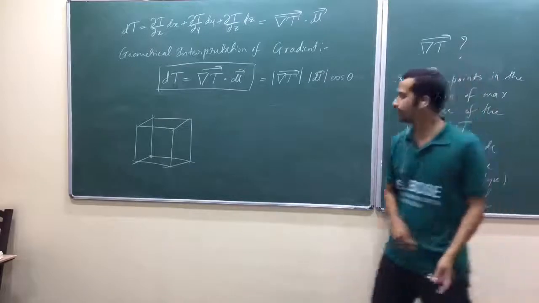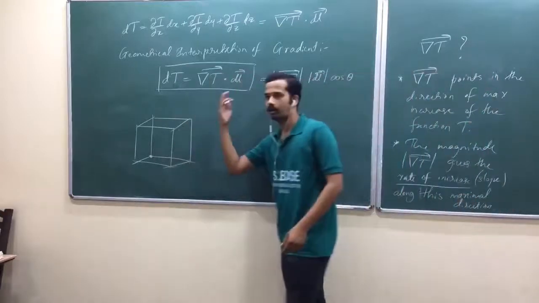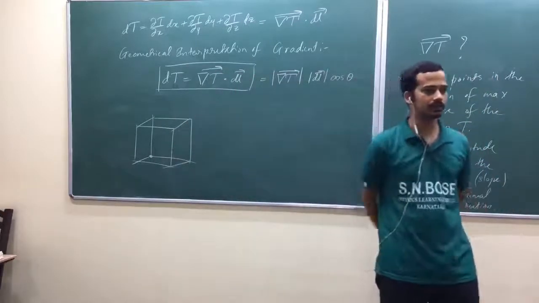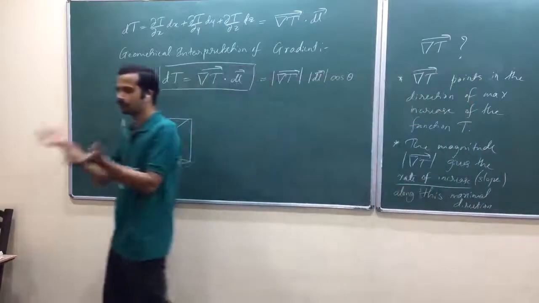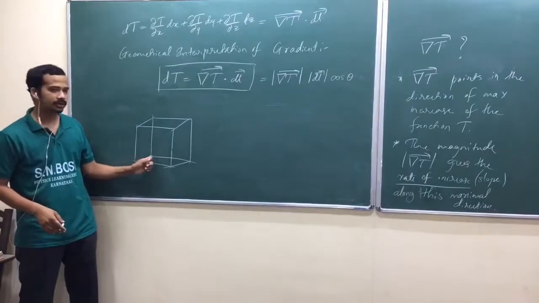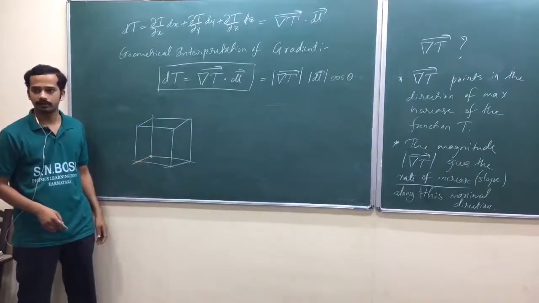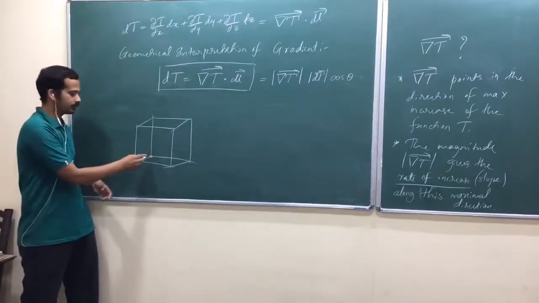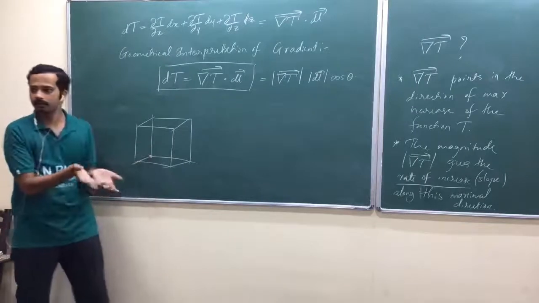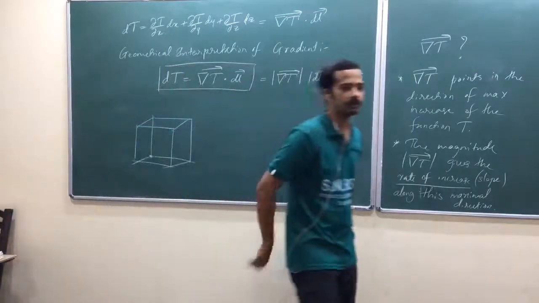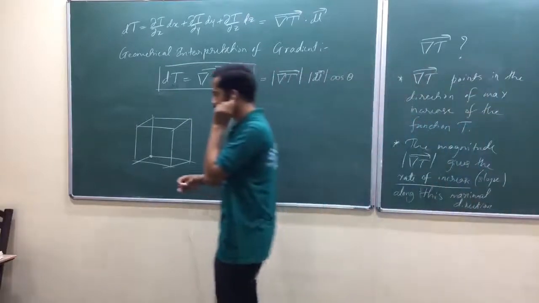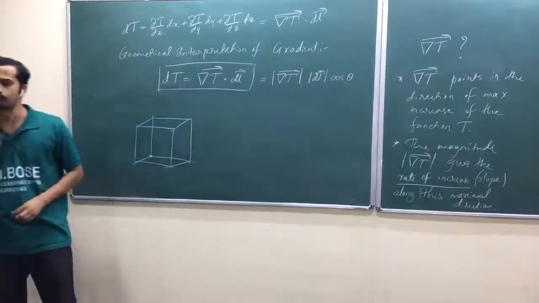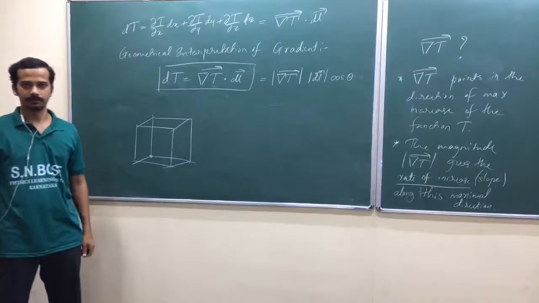When you move radially away, or diagonally outward, usually the change in temperature is maximum, am I right? Suppose you take a sphere, and you are moving on the surface of the sphere centered at this point. Take a spherical surface centered at this fire. Then when you move on that surface, your temperature will not change, isn't it? So the change in temperature depends on which direction you move.